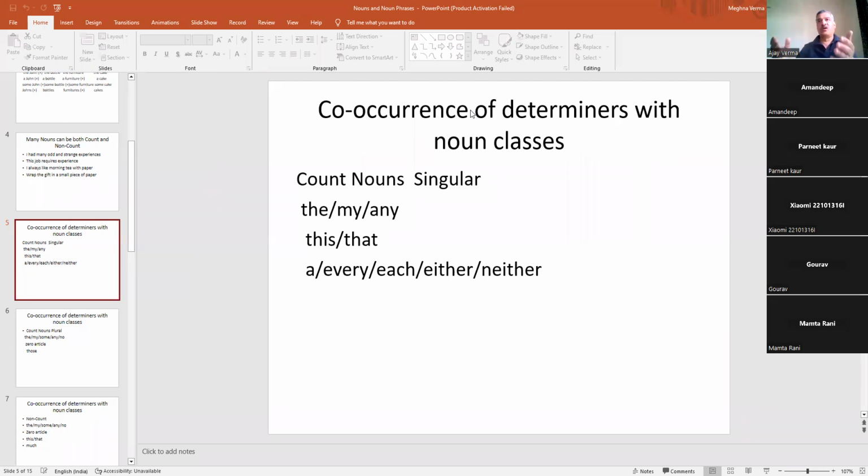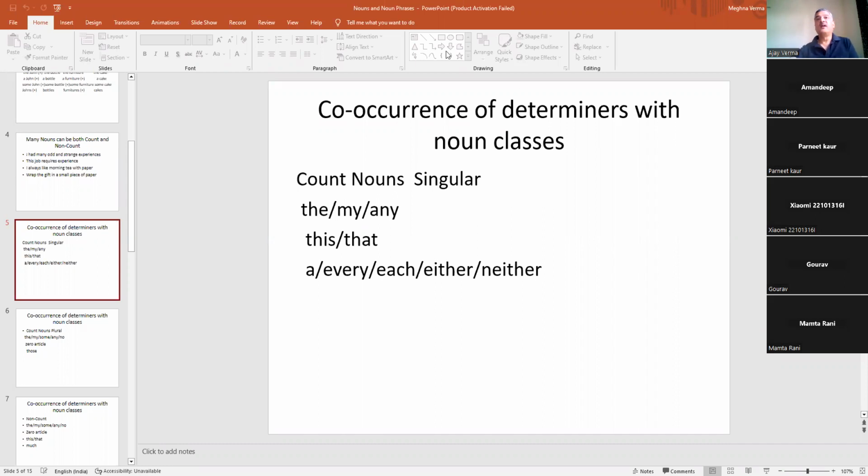count nouns and non-count nouns, but let us not forget that as far as count nouns are concerned, we can have count nouns in singular form and we can have count nouns in plural form.